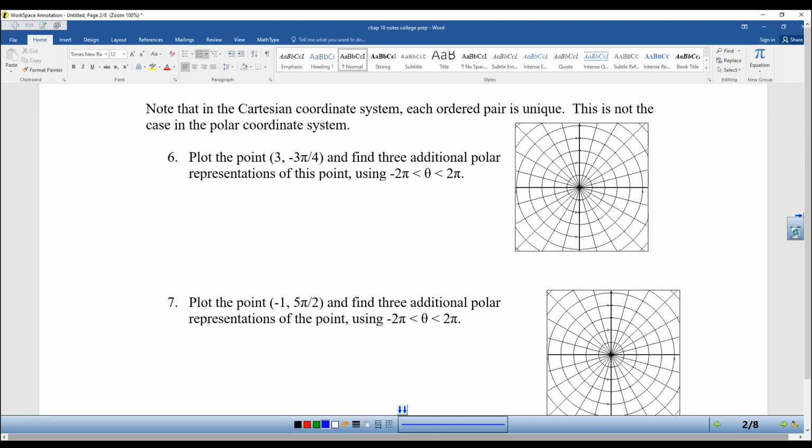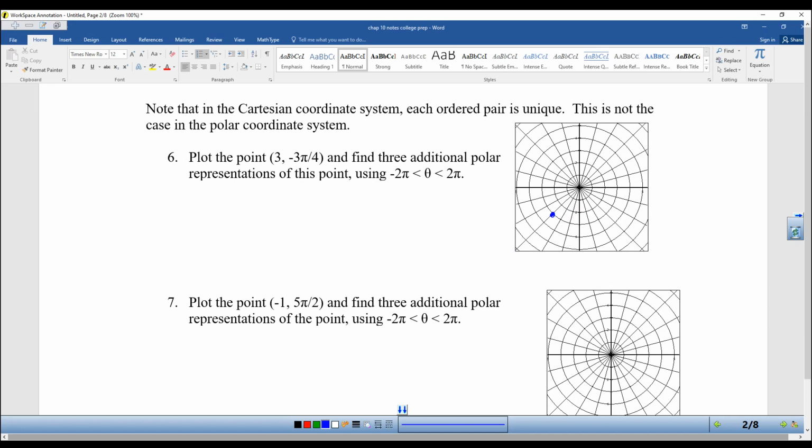Now, in the Cartesian coordinate system, which is rectangular, each ordered pair is unique, but that is not the case in the polar coordinate system. So think about the point (3, -3pi/4). So I'm going to go to -3pi/4, which is going to be over here. If you want to relabel your whole graph, you can, that's fine. But it's -3pi/4, and I'm going to go out 3. 1, 2, 3.